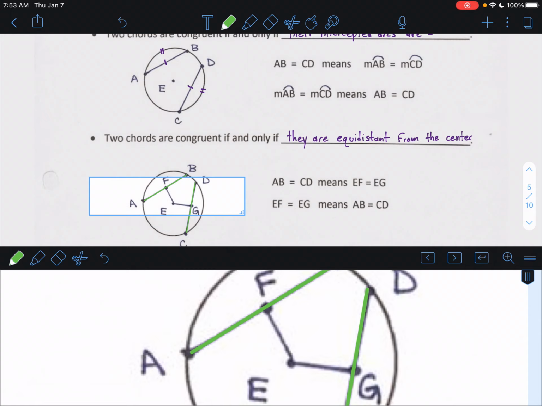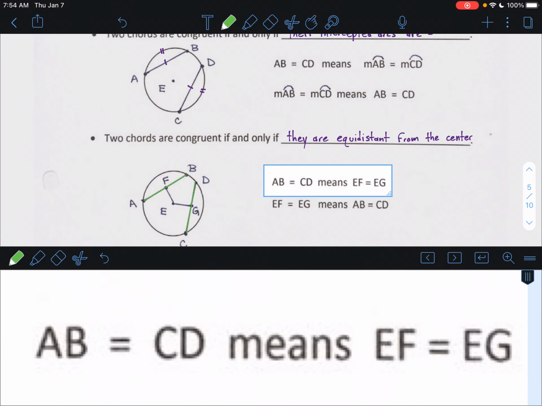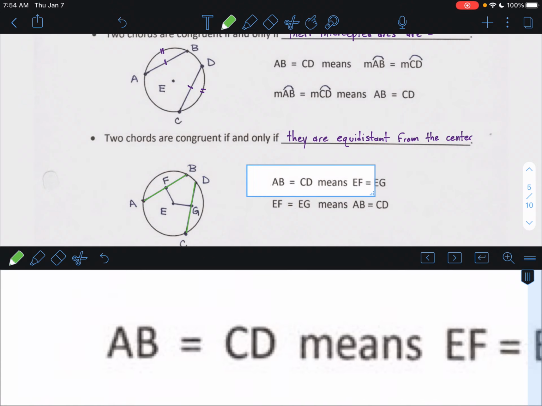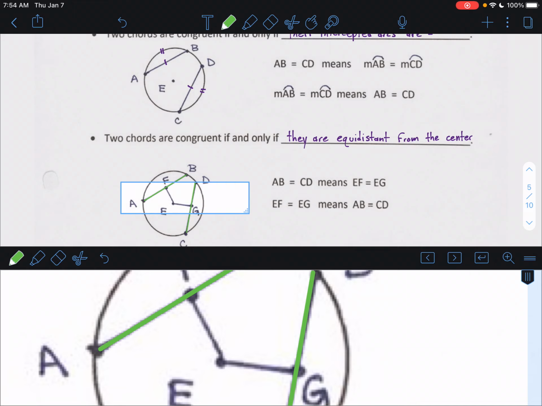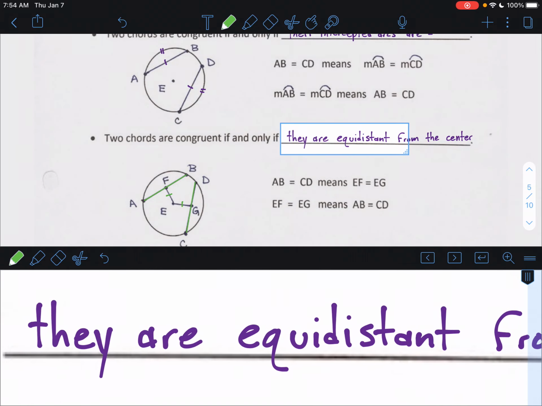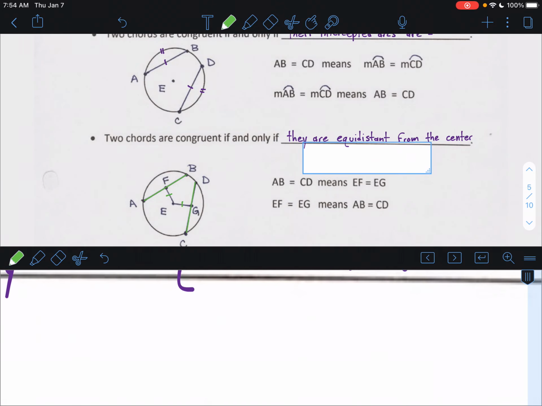Those two are going to be congruent to one another because they're going to equal each other. That means that EF equals EG. EF is congruent to EG. So they're going to be equidistant from the center.